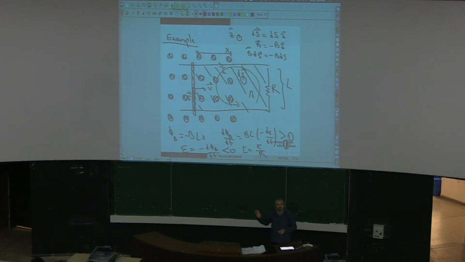Any questions on these? Yes, if you want to keep this moving at constant velocity, you have to keep pushing it. Now, if there is no magnetic field, you just push this rod. In the absence of friction, it will just keep moving.